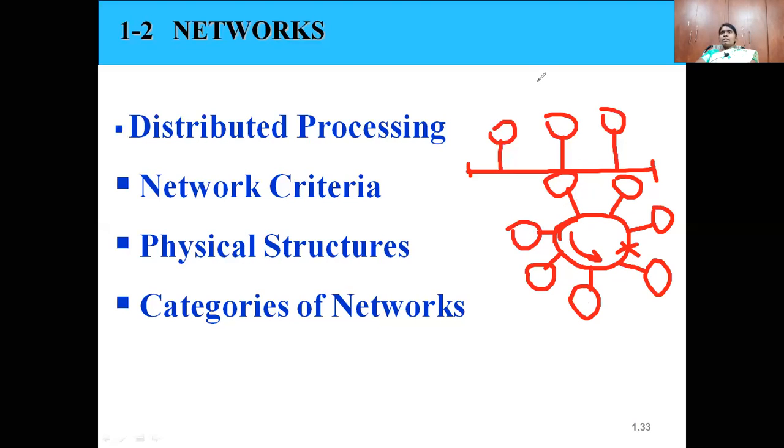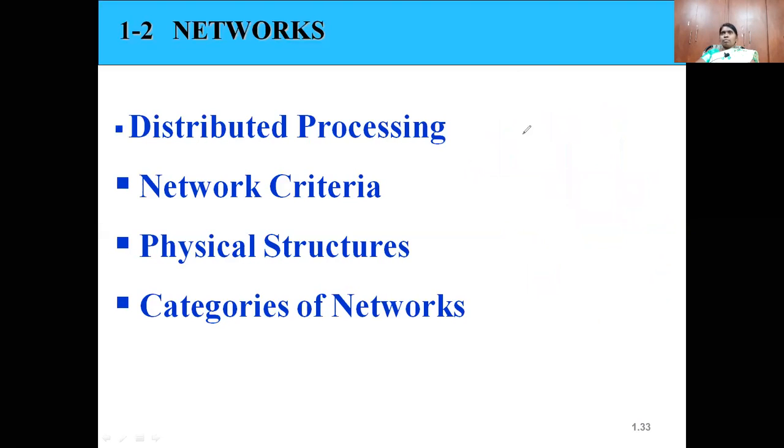Further, after the ring topology and bus topology, we'll see our star topology. Star will have a hub here. We'll have some ports on it, and to these ports we are going to connect our systems.